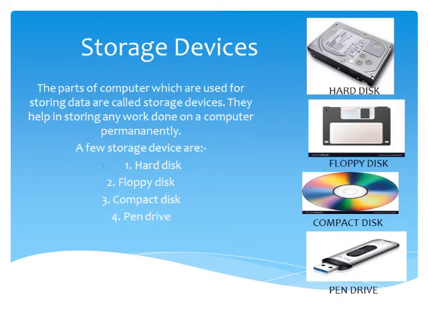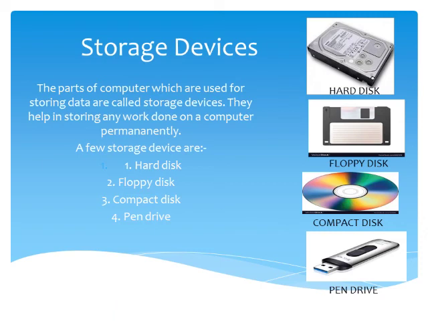Next, storage devices. What are storage devices? The parts of the computer which are used for storing data are called storage devices. They help in storing any work done on the computer permanently. A few storage devices are hard disk, floppy disk, compact disk and pen drive. With these storage devices, we can store the data.